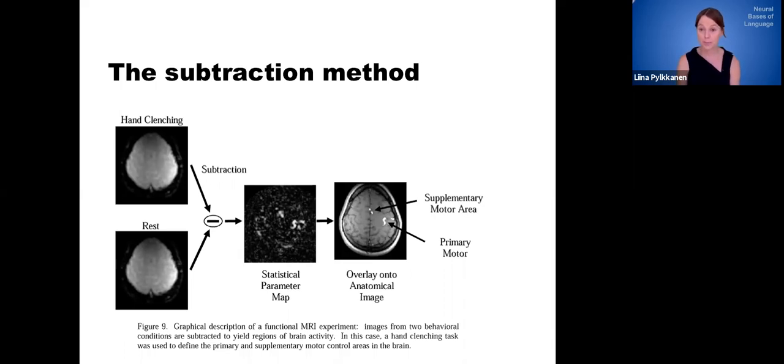So here, for example, if the test condition is just clenching your hand, so you're just eliciting basic motor activity, and the control condition is just rest, you're not doing anything, you would then subtract the fMRI activation of the rest situation from what is observed during the hand clenching.